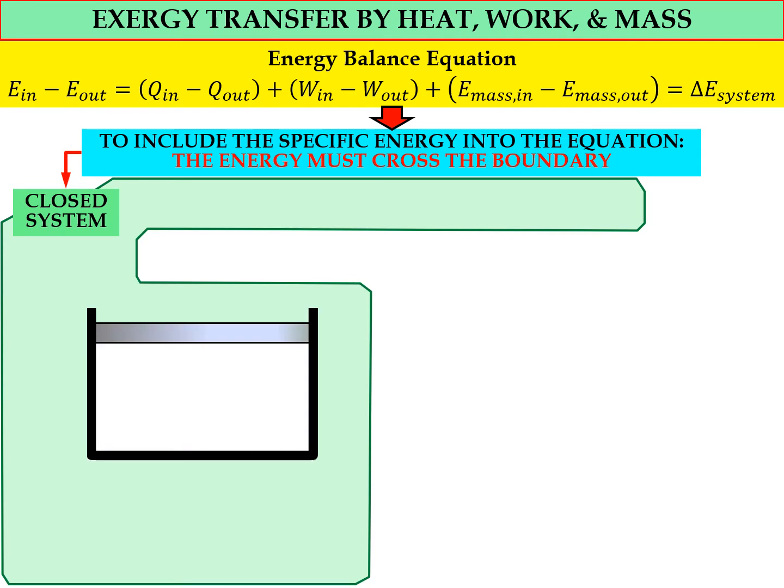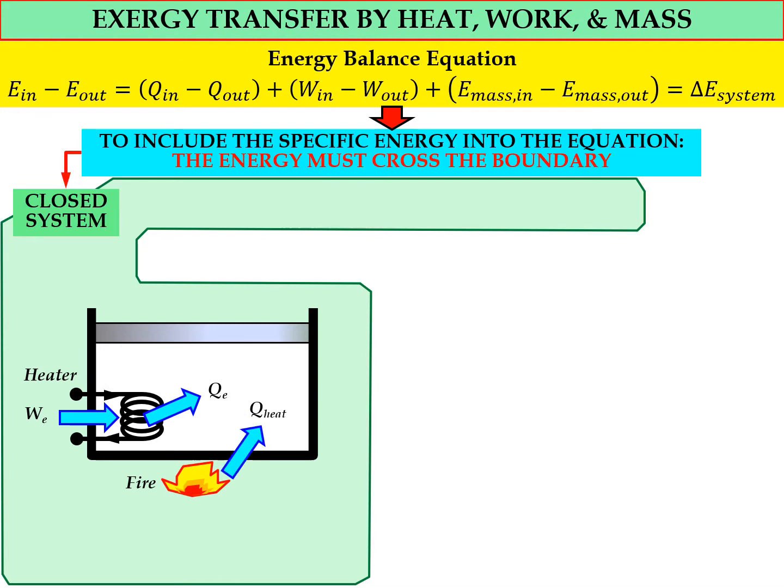Now first we look into the closed system. Let's say we have a piston device system, and then we have an electric heater inside of it. The electric heater is powered by work done by electricity and will generate QE. This is energy from the heat that crosses the boundary, and then another one we have a heat fire we apply to the system, and the heat is supplied and crossing the boundary by Q heat.